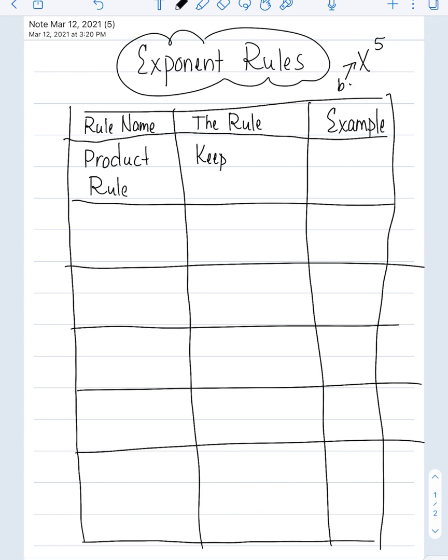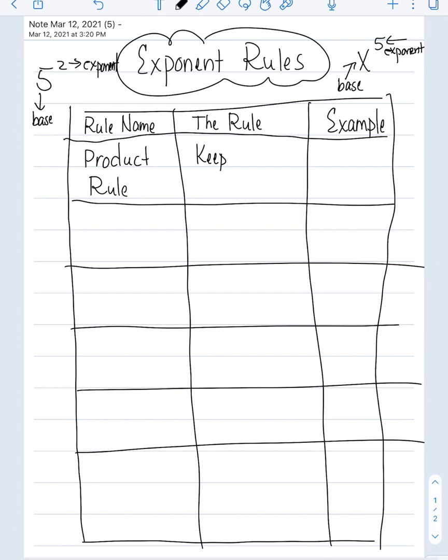The big number, just a reminder, is called the base, or the big letter, number, whatever. And the small number, we call that the power or the exponent. So one more time, and let's say you have a number, like 5 to the 2nd power. The big number is the base, the small number is the power or the exponent.